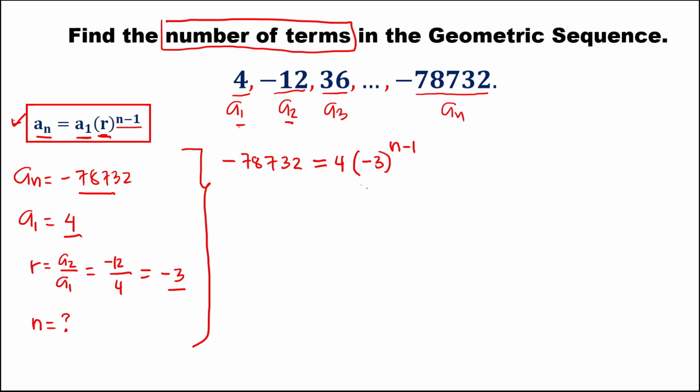Then to simplify, we need to divide both sides by this number. So divide by 4, divide by 4. So cancel.